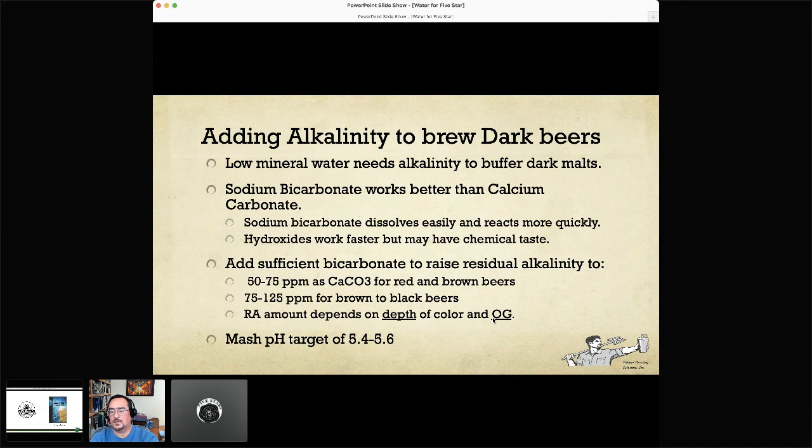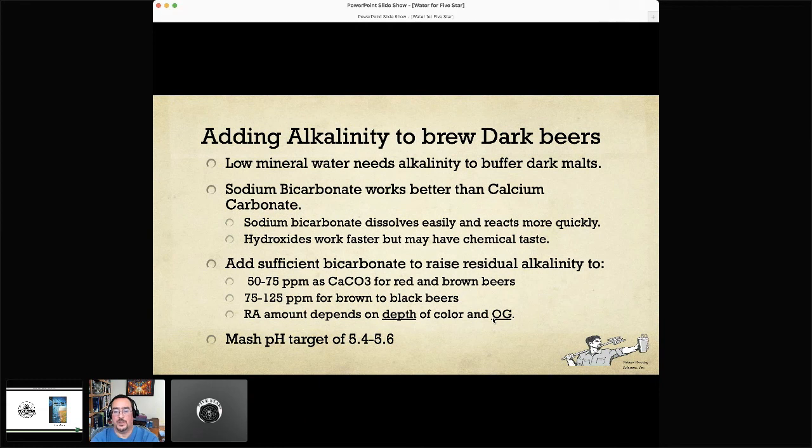But hydroxides tend to have a chemical taste, according to people that have used them. So I think sodium bicarbonate is your best bet for adding alkalinity to brew dark beers. The additional sodium is not a big deal. It helps accentuate the malt character of the beer.